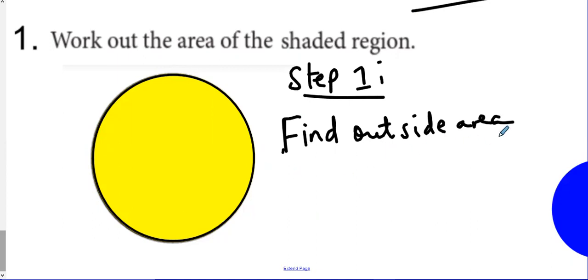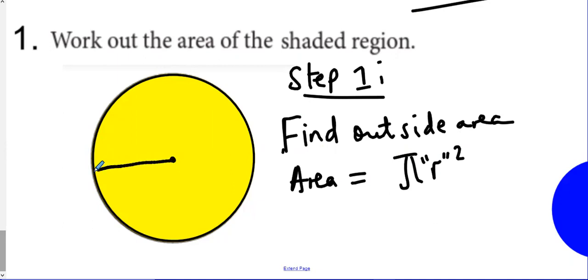So find outside area. Now, how do we get the outside area? Since it is a circle, you simply do pi r squared. What is this r standing for? R stands for the radius, meaning the distance from here to here. What is that radius? How much is this radius?